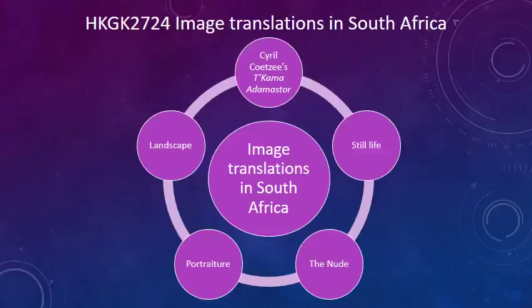Okay, so this basically is a summary of this module, Image Translations in South Africa. You'll remember that in this module we explore the continuing impact of the typical questions and themes which already developed before the era of Western art, and which then developed into the still life genre, the nude, the genre of portraiture and landscape.